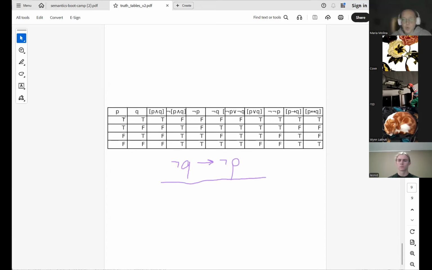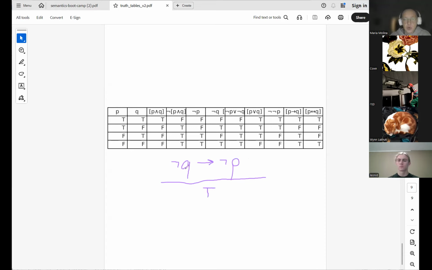If P is true and Q is true, we get true, right?